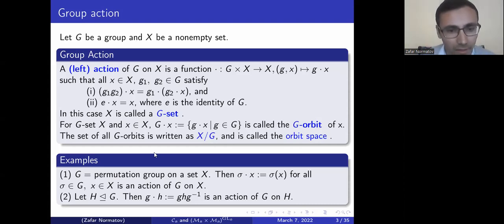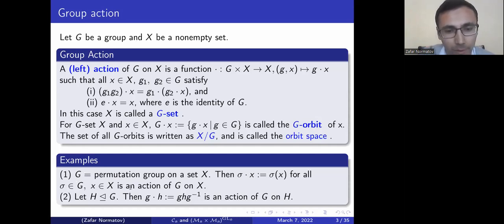Now we give examples of actions. Let X be a non-empty set and G be the permutation group on this set. Then we define an action by this formula, for all sigma from the group and x from the set.